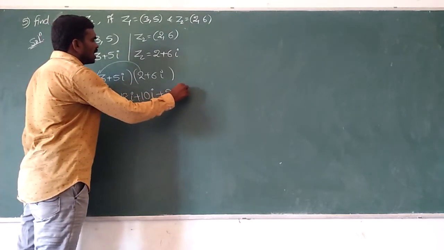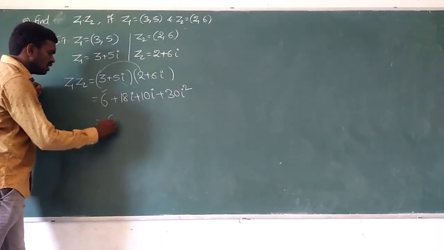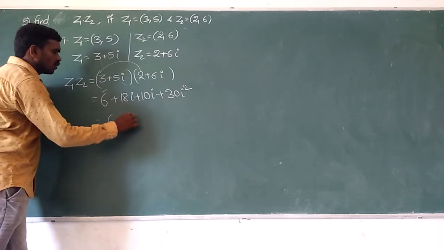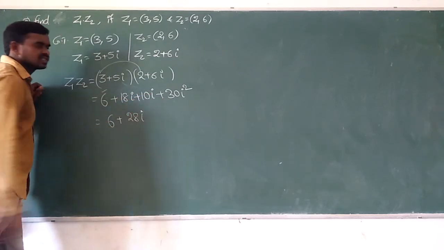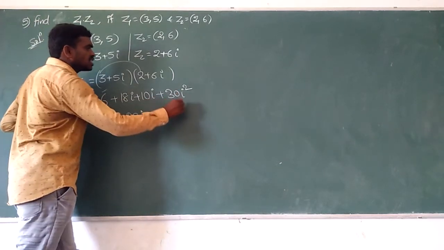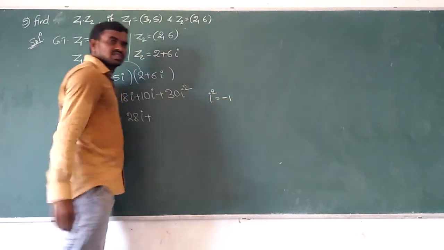It is i square. So 6 is there only, and i terms: here 18, here 10. So total i terms 28i. Next plus 30 into i square. See, i square value is minus 1.